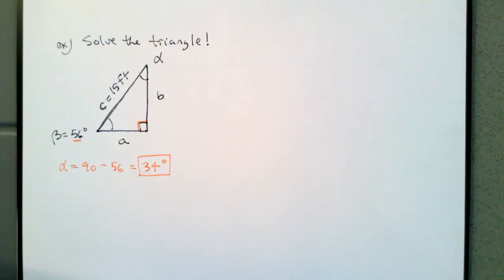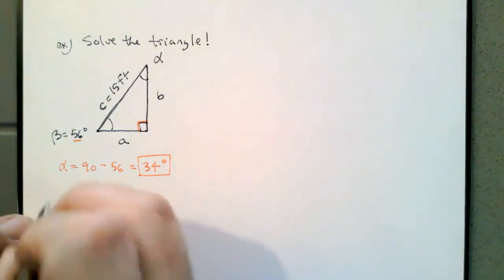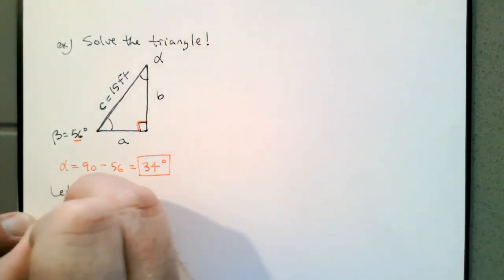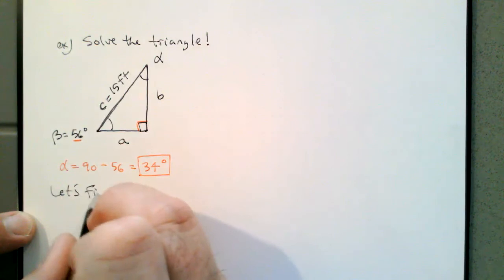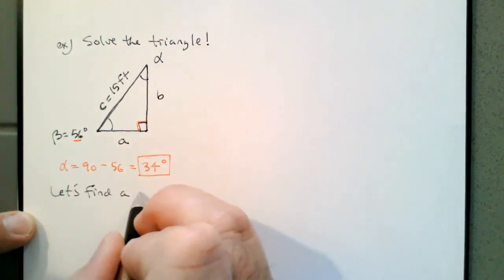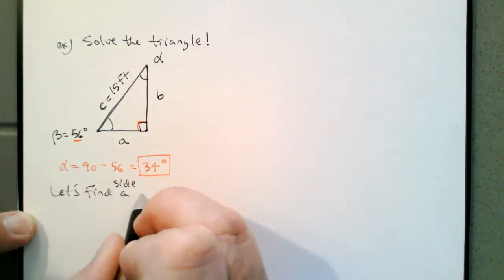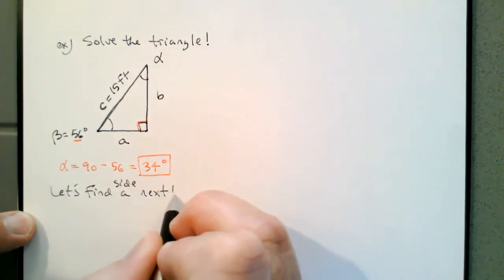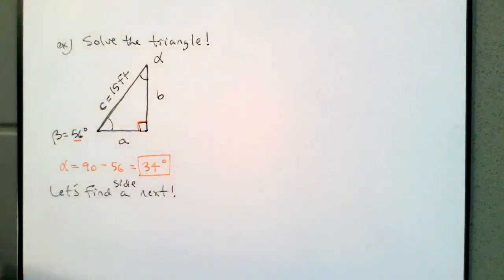Beta was the given angle, so B might be a better choice to go for, but since it doesn't actually matter, I'm just going to go alphabetical and find A. Now I could read A as being opposite the 34 or adjacent to the 56. So let's find A next.